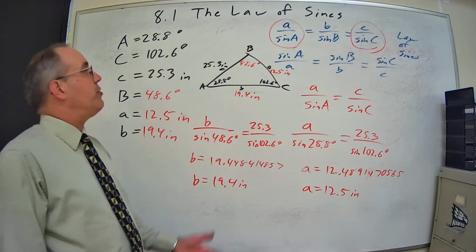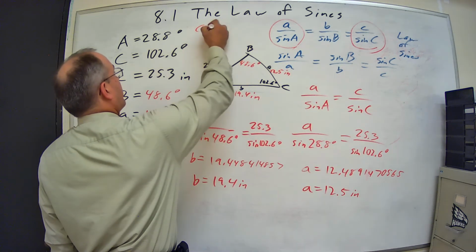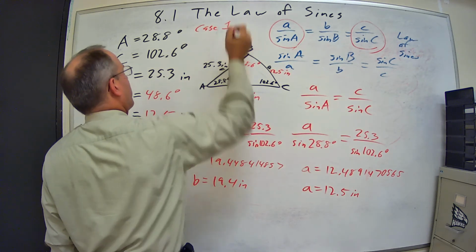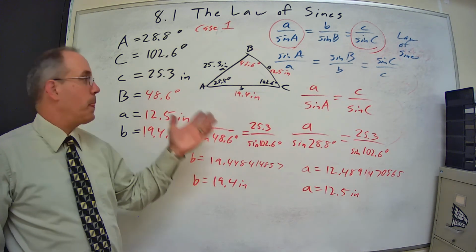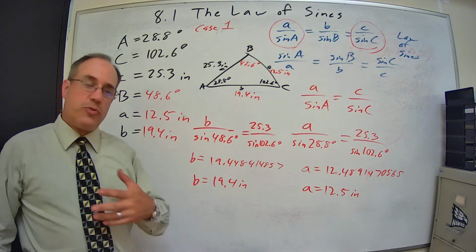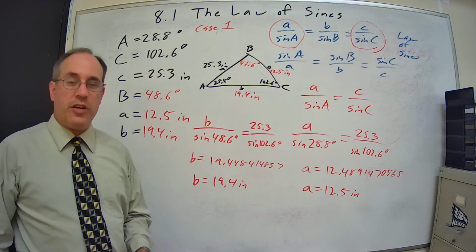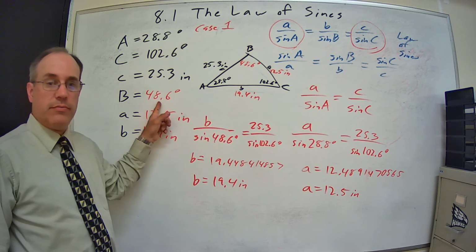So what did we do? We're dealing with case one here, if I didn't state that earlier, case one where we have two angles and a side. So what we did was, since we had two angles, we just used the sum of interior angles to get the third angle.